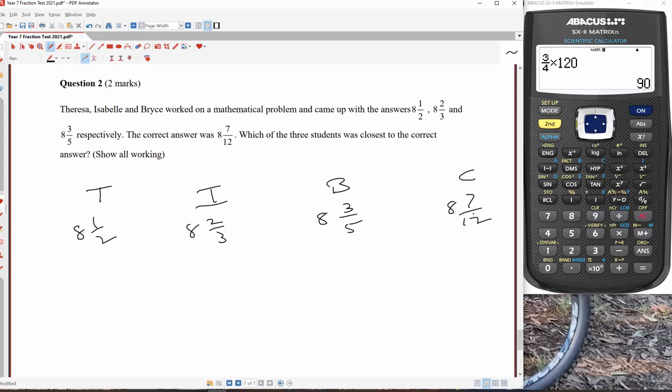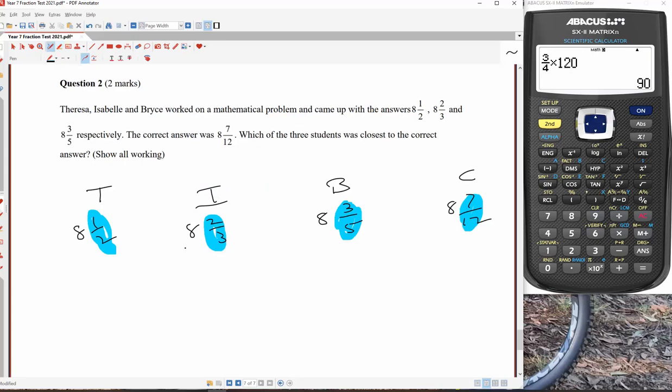So essentially what we want to do is find a common denominator and get all the fractions of equal parts. Now we're only really interested in the fractional part, because all of them have got 8 wholes. So it's just going to be who's closest to 7/12. Is it going to be Teresa, Isabel, or Bryce? All right, let's find out. So let's convert them all.